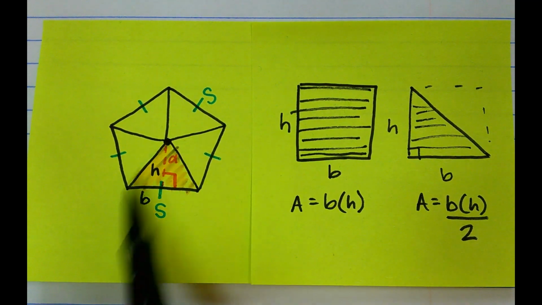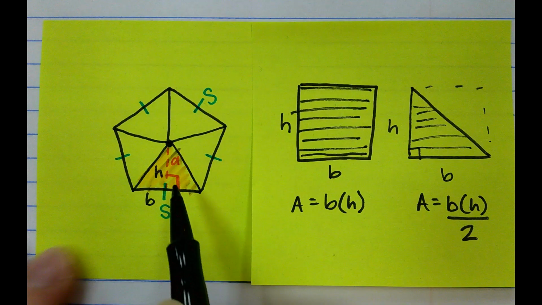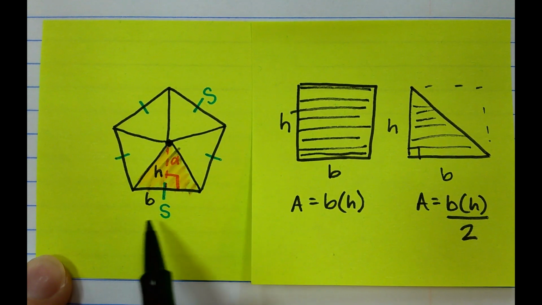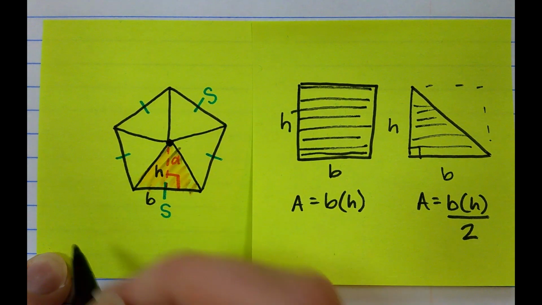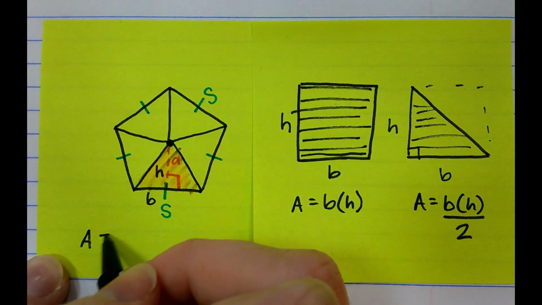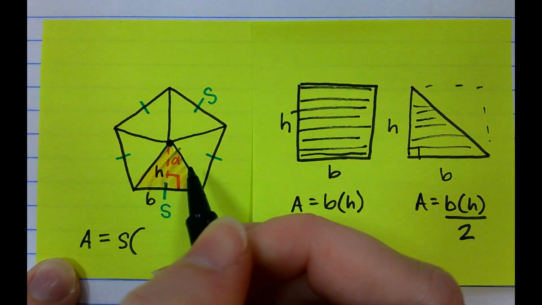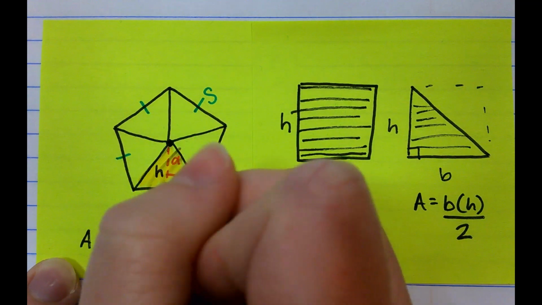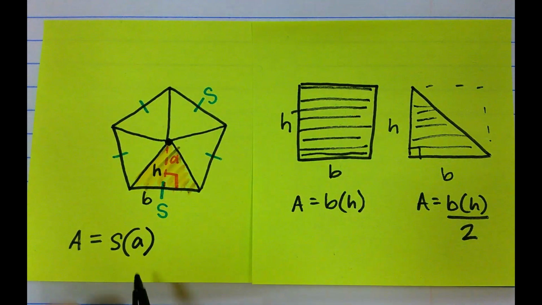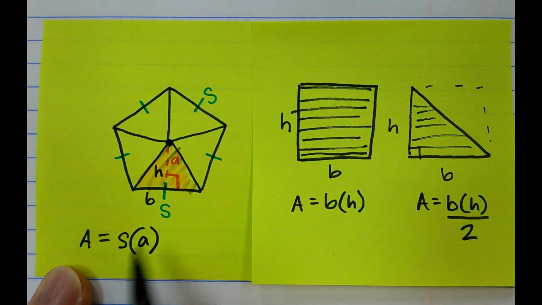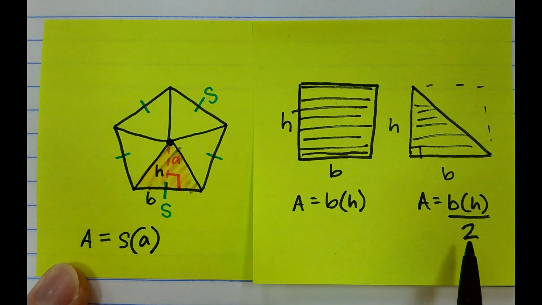So if I wanted to find the area of just this part, I would be taking S, which is our base, times our height, or A, the apothem, and then I would divide by 2 because it's a triangle, right?